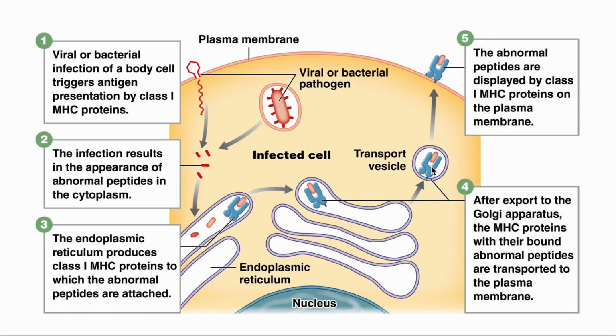The Golgi puts it in a vesicle, and the vesicle sends the whole complex up to the surface. And so now MHC1 is on the outside of the cell, holding out the antigen for any passing lymphocyte to see. So the fact that it's on MHC1 is what allows some cells to realize that this antigen is important and that they should do something about it.